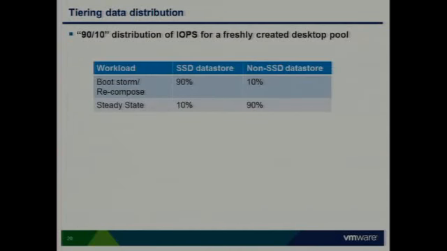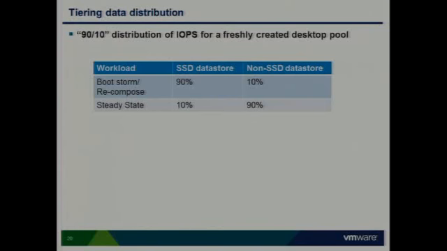If you look at the breakup of the IOPS, then you see that during the boot storm or the recompose, there are a lot of IOPS going to the replica disk or where the OS disk is stored. So that's the reason we can store it on an SSD data store so that you can get the maximum IOPS. And during the steady state, 90% of the IOPS are going to the other virtual disks.